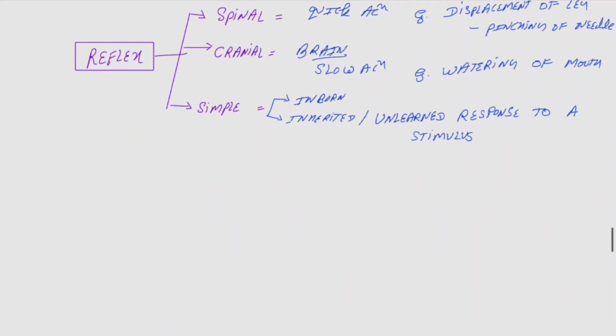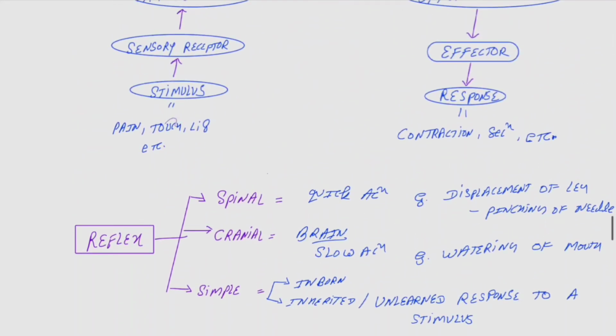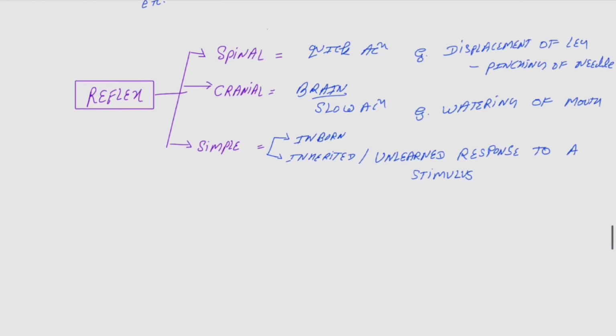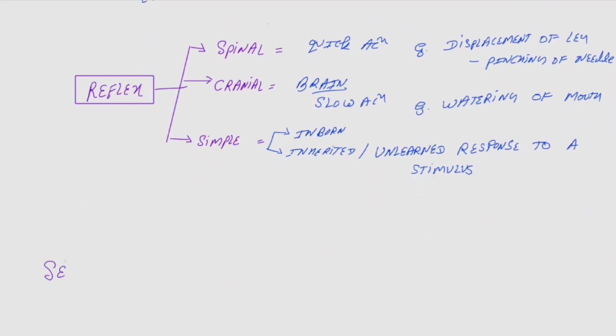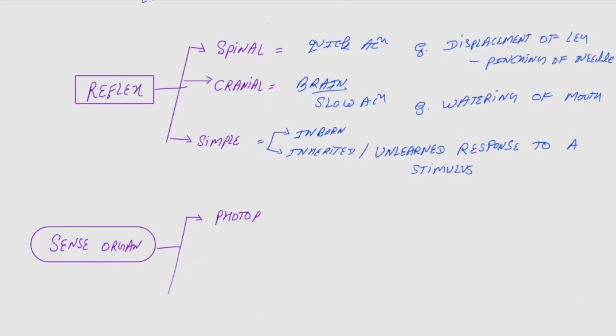Now let's talk about sense organs. When stimulus like pain, touch, light is sensed by sense organs. Sense organ like photoreceptor, this is the eye. Next is phonoreceptor, that is the ear.